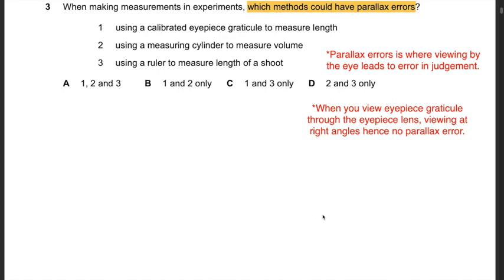Whereas 2, using a measuring cylinder to measure volume, yes, it could lead to parallax errors according to where you place your eye to view the volume. 3, using a ruler to measure length of a shoot, yes, again it could lead to parallax errors, as different positions of viewing can lead to different results. Hence the answer is D, 2 and 3 only.